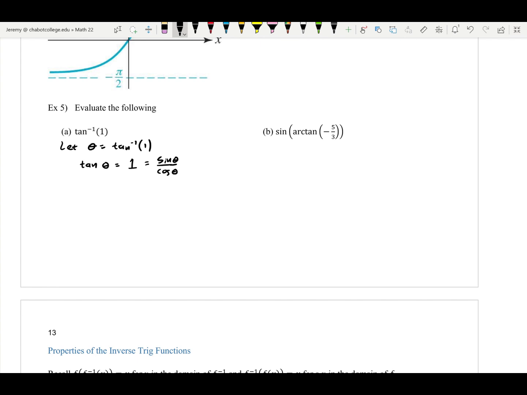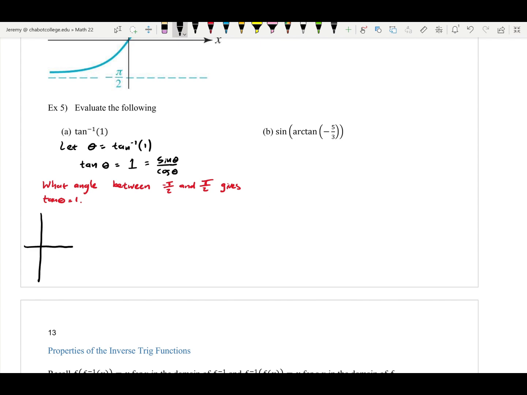That's one way that we can think about this. Okay, but ultimately we're trying to answer the same question that we are with those other inverse trig functions. It's like, what angle between, in this case, negative pi over 2 and pi over 2 gives tangent of theta equal to 1.